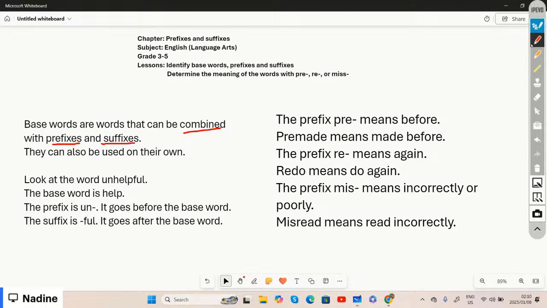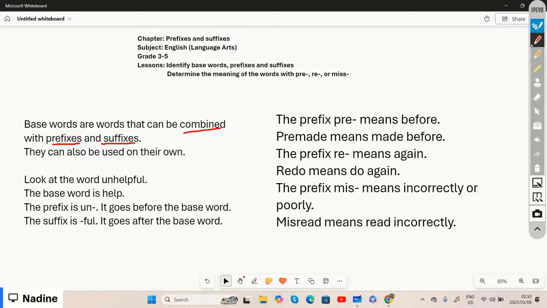And we said when it comes to prefixes and suffixes, they can also be used on their own. All right.